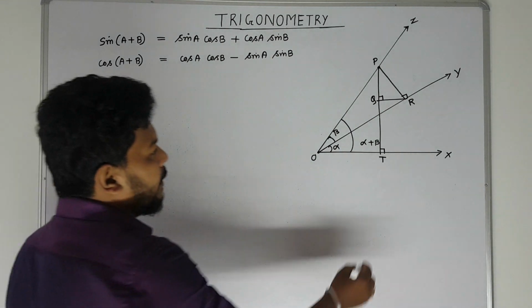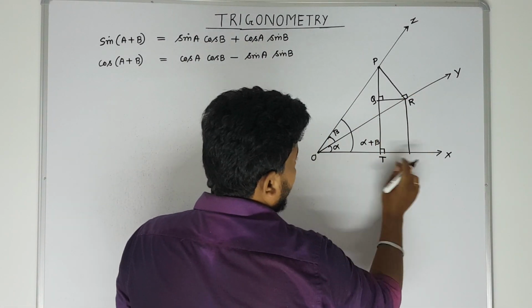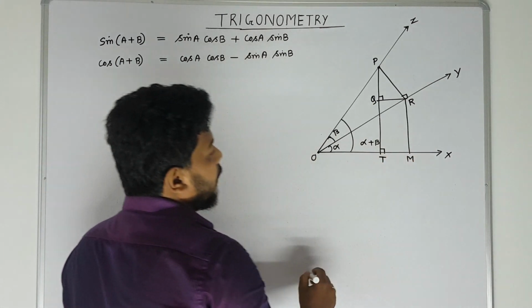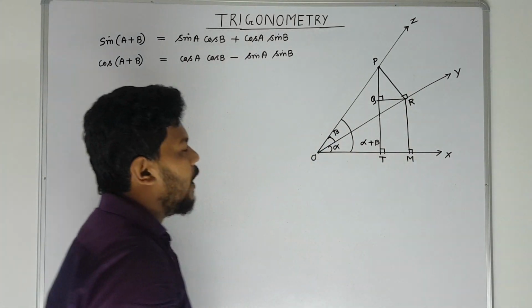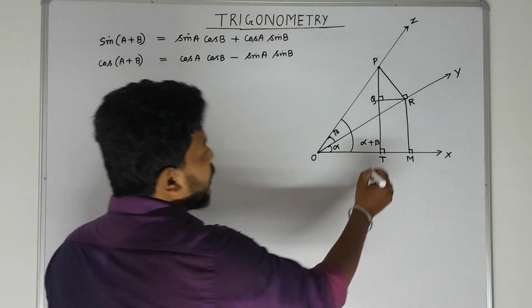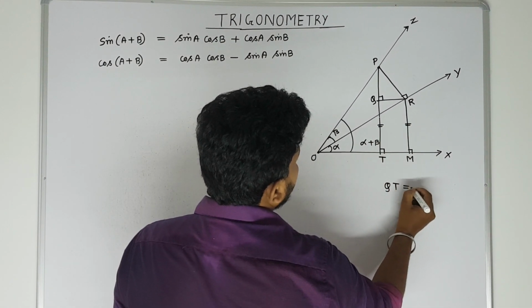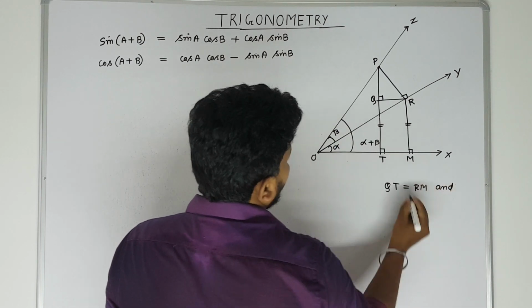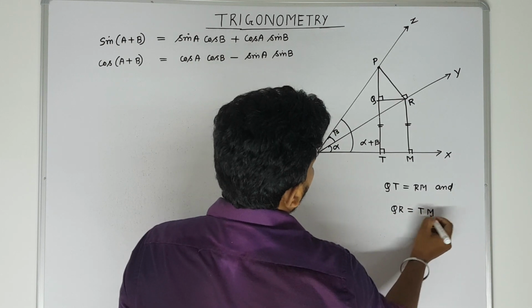Okay. Now if I draw a perpendicular from R on the ray OX, it will be M. So RM is perpendicular to OX. Now your QT is equal to RM, and your QR is equal to TM.